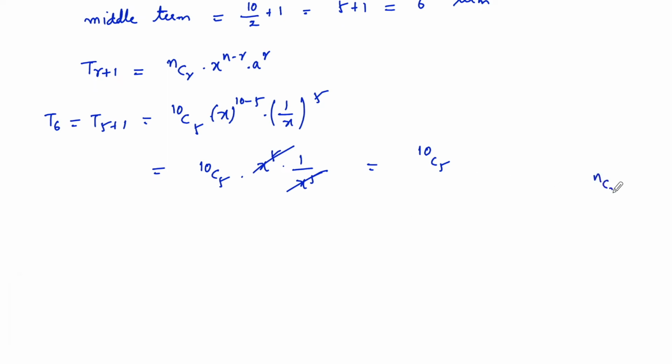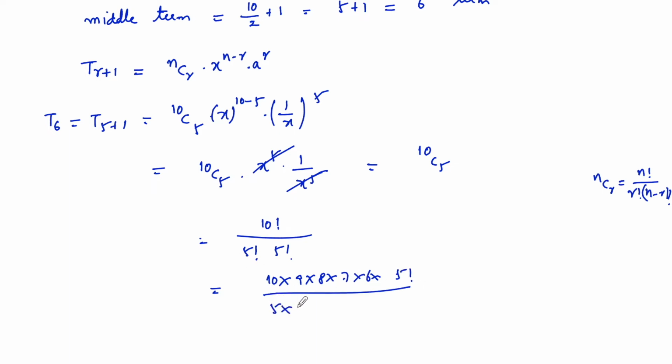you can give it by using the formula nCr is equal to n factorial by r factorial into (n minus r) factorial. So we can write 10 factorial upon (10 minus 5) factorial, that is 5 factorial into 5 factorial, that is 10 into 9 into 8 into 7 into 6 into 5 factorial upon 5 into 4 into 3 into 2 into 1 into 5 factorial.